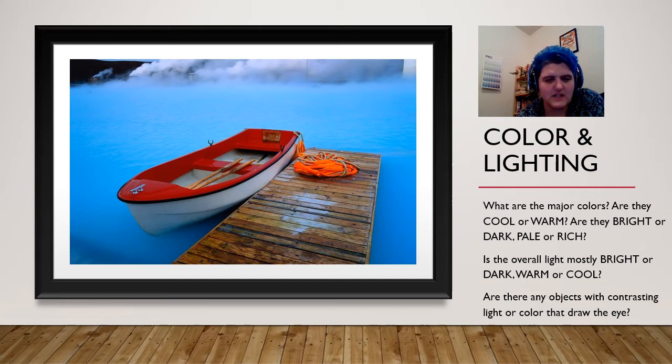Well, I guess the color balance is somewhat cool, but the tone of the light is fairly warm itself. And so you want to look at where there are points of particular contrast. To me, this orange of what I assume is a life preserver stands out a lot because it's by far the brightest thing, and it's such a contrast to the really hazy blue that's all around it.